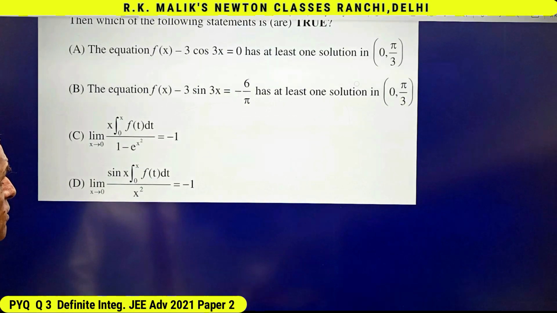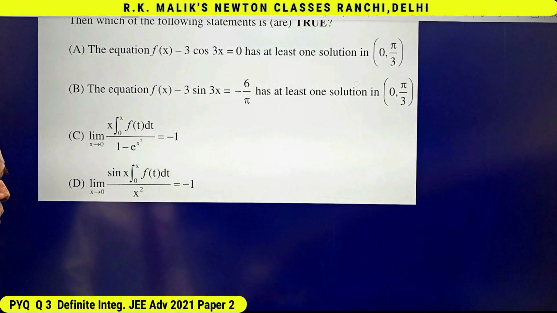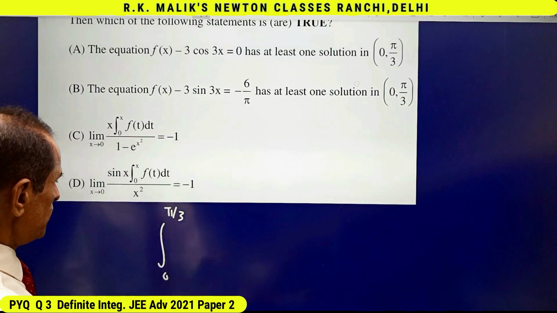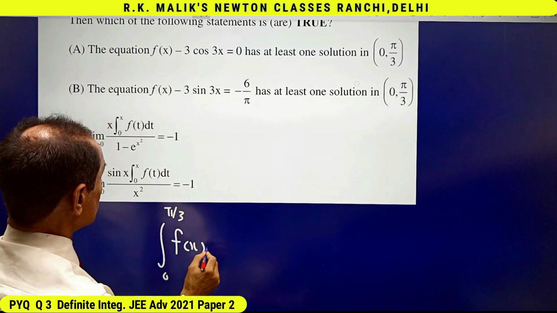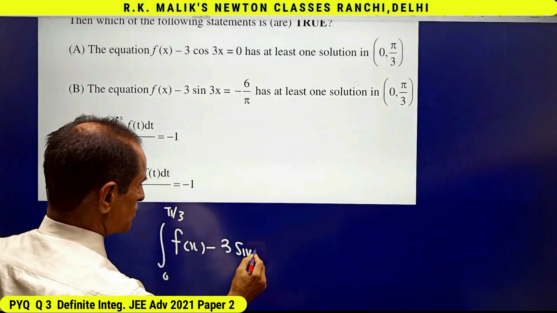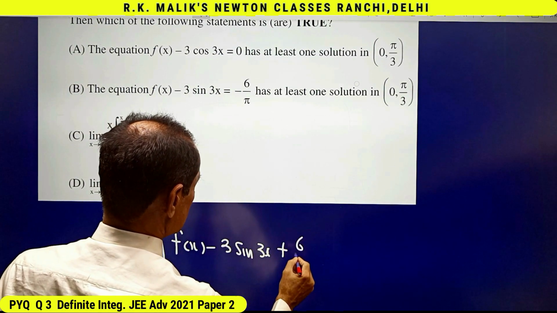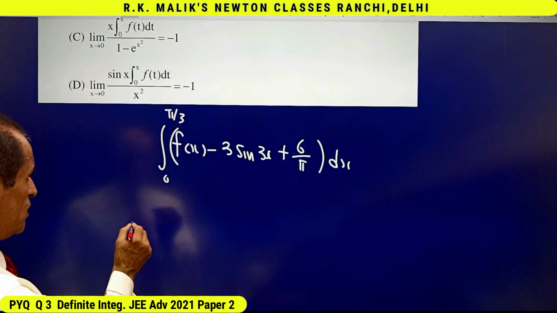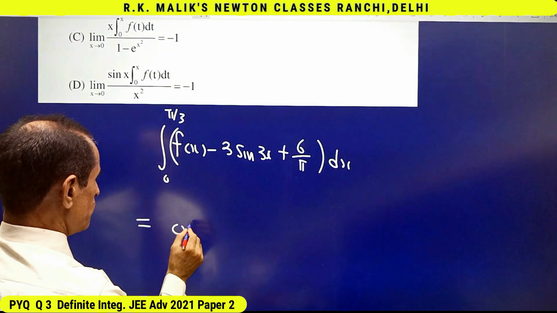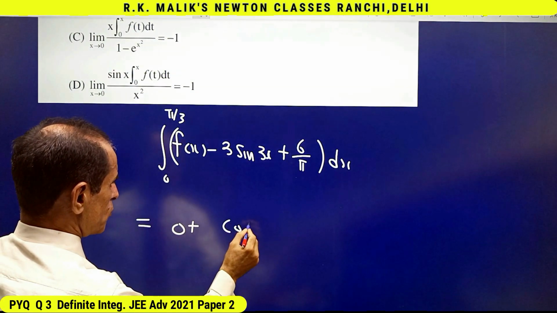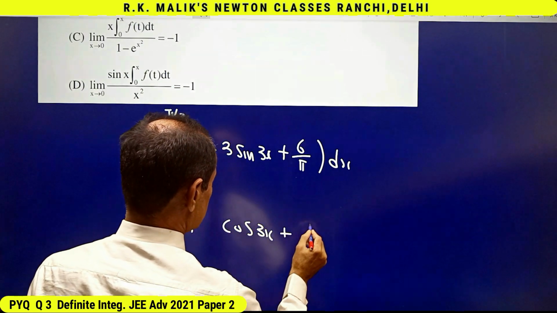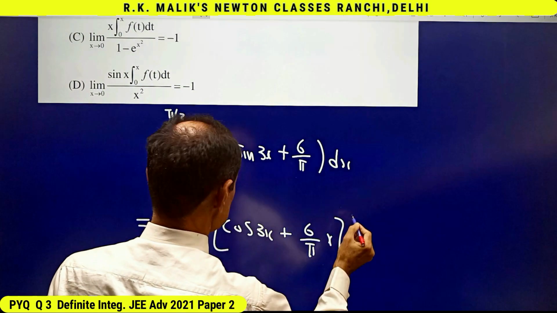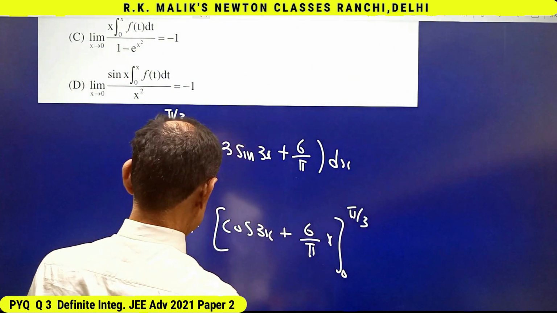The second part also can be checked using the same argument. The integral from 0 to π/3 of (f(x) − 3 sin 3x + 6/π) dx is clearly equal to 0 plus [cos 3x + (6/π)x] from 0 to π/3.